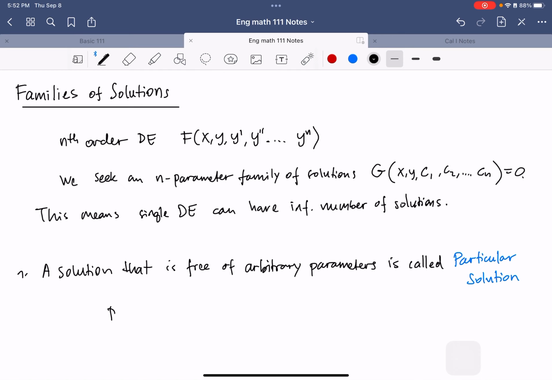If we have a DE, for example, the DE is xy prime minus y equals x squared sine x.